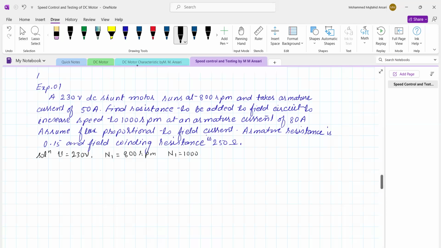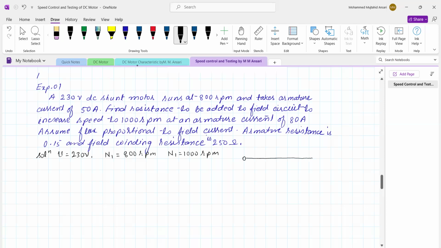So here the speed is going to increase. This increase in speed is done with the help of resistance to be inserted in series with the shunt field winding. That is the field control method.